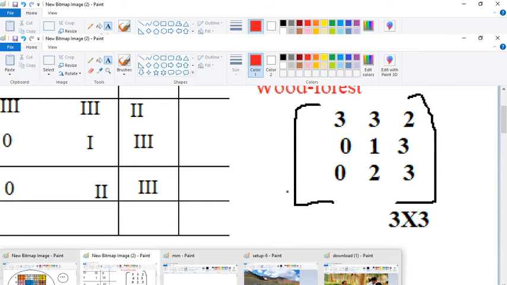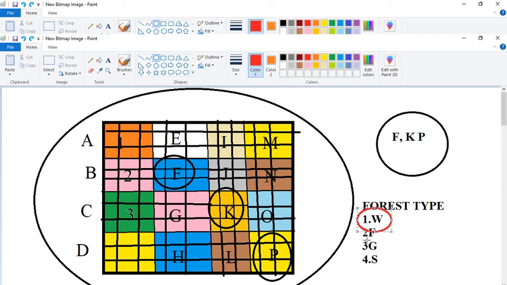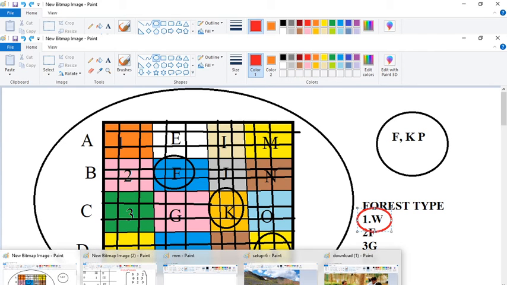Similar repeated counting of the other three attributes, that is flowering tree, grassland and scurf, and prepare another three tables and prepare the whole thing. Then what will be the result?